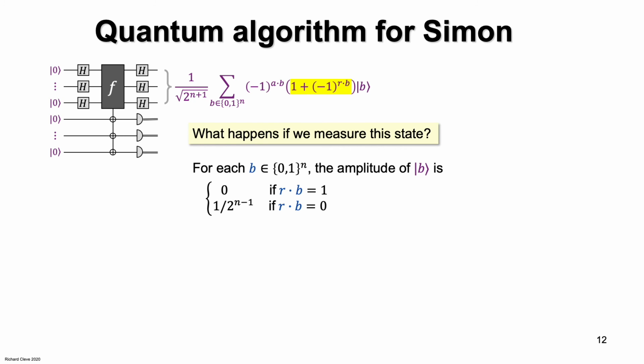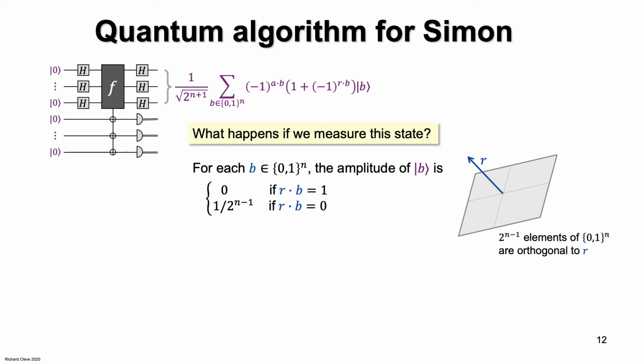In our discrete vector space, those are the strings b that are orthogonal to r. And among all the strings b that are orthogonal to r, we get a uniformly random sample. This does not produce enough information for us to deduce r, but it provides us with partial information about the bits of r.